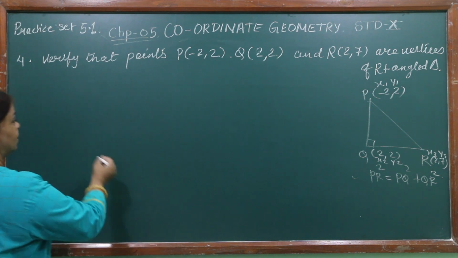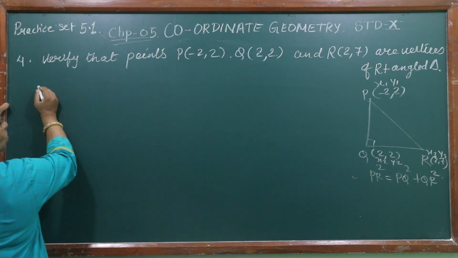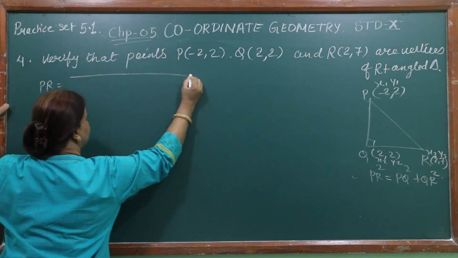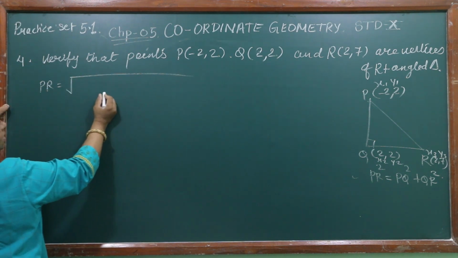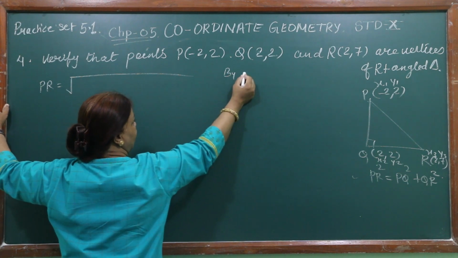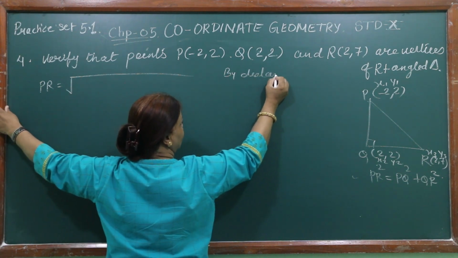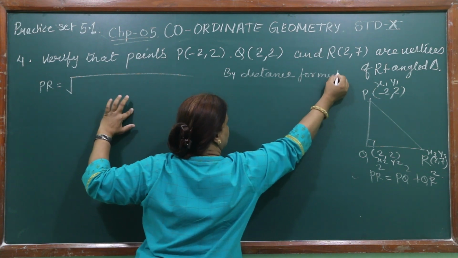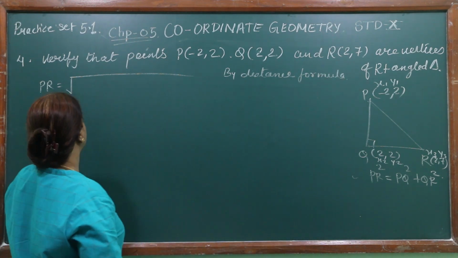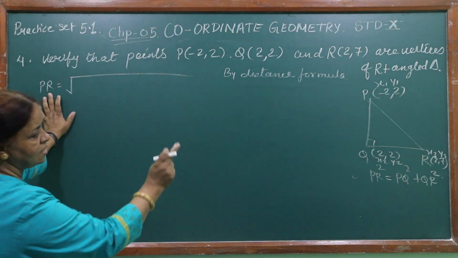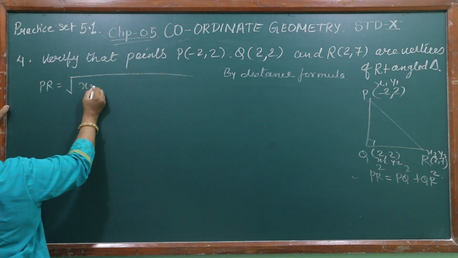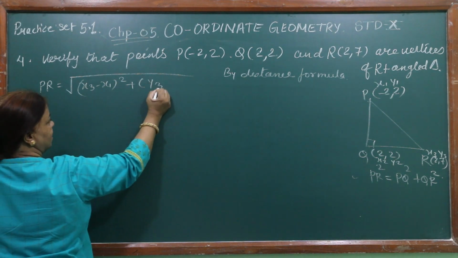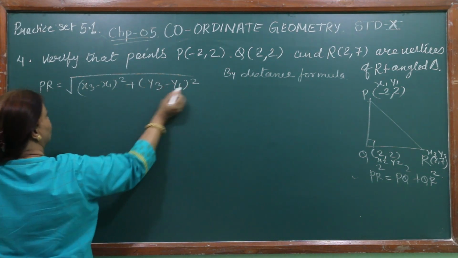So let us do it, children. First we will find out PR square. PR is equal to under the root, by distance formula, x3 minus x1 the whole square plus y3 minus y1 the whole square.